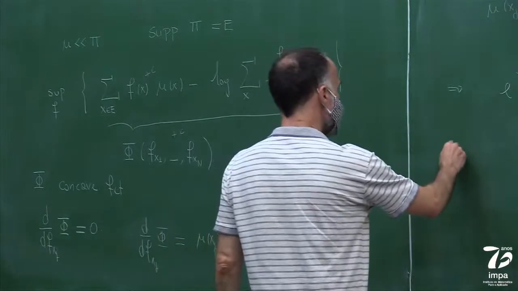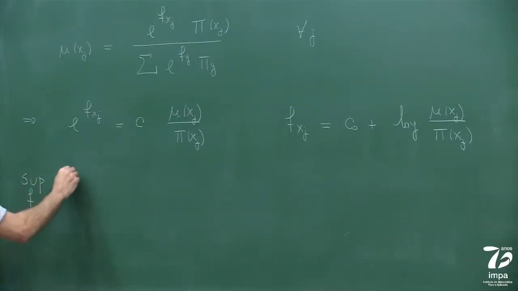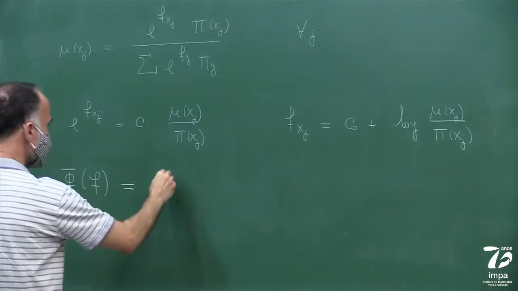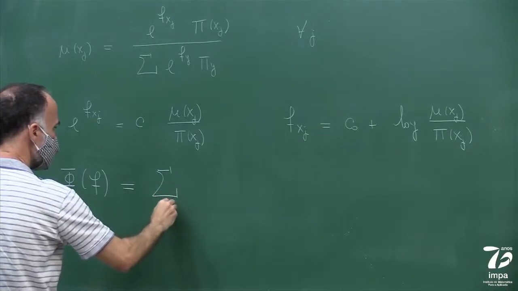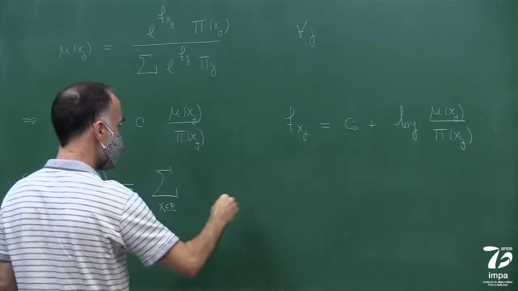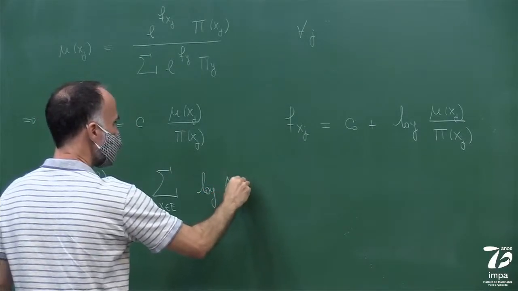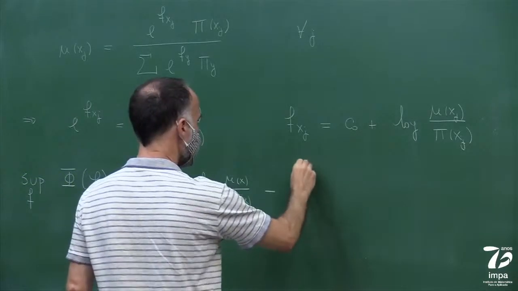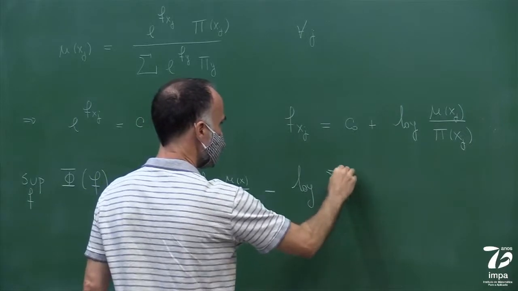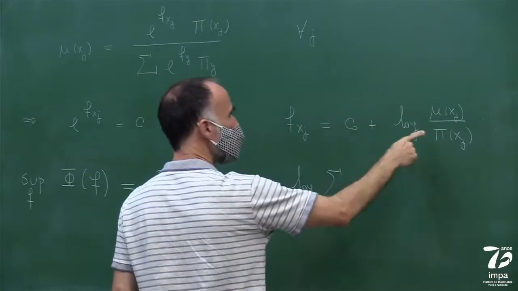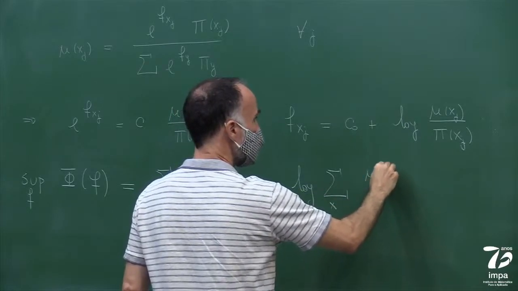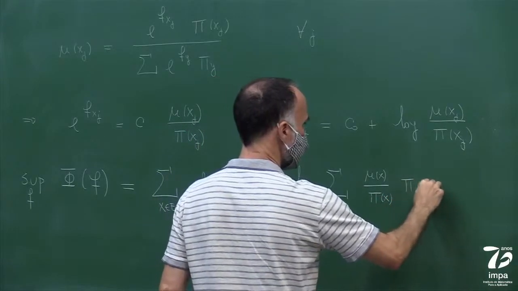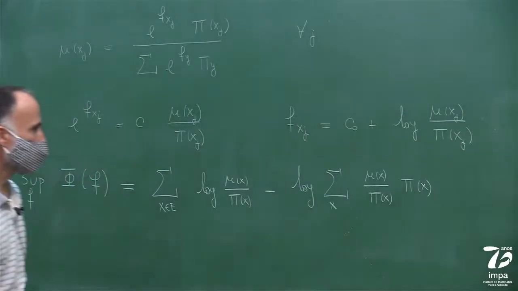So the supremum over f of phi of f is equal to the sum over x in E of f, where f is the log of mu(x) divided by pi(x), minus the log of the sum of exponential f times pi(x), where exponential f is mu(x) divided by pi(x).